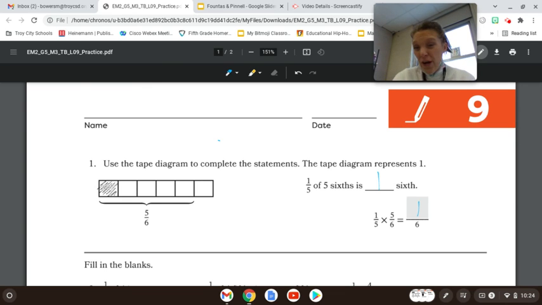Now, if you parents or relatives at home watching recall, when we were in middle school and high school, they just taught us to multiply across the numerators and the denominators, which if we were to multiply 1 times 5, the answer is 5. Multiply 5 times 6, that's 30. And then, families, if you recall, we were taught how to reduce or simplify a fraction.